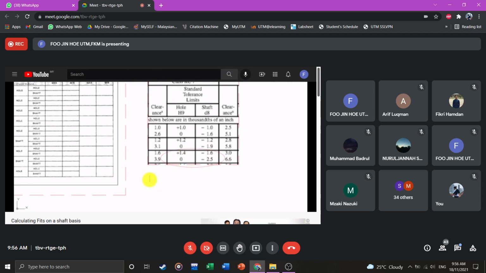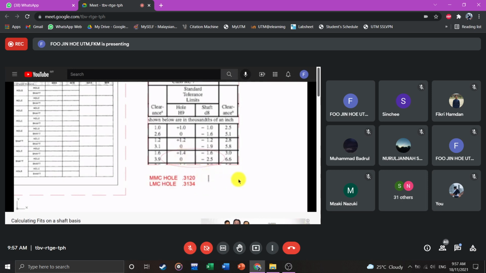I'll say MMC for the hole is going to be 0.3120, 312 thou. Least material condition size for the hole is going to be 312 plus 1.4, or 0.3134 thousandths of an inch. That's on a hole basis now. And I'm just doing that by adding those numbers in.